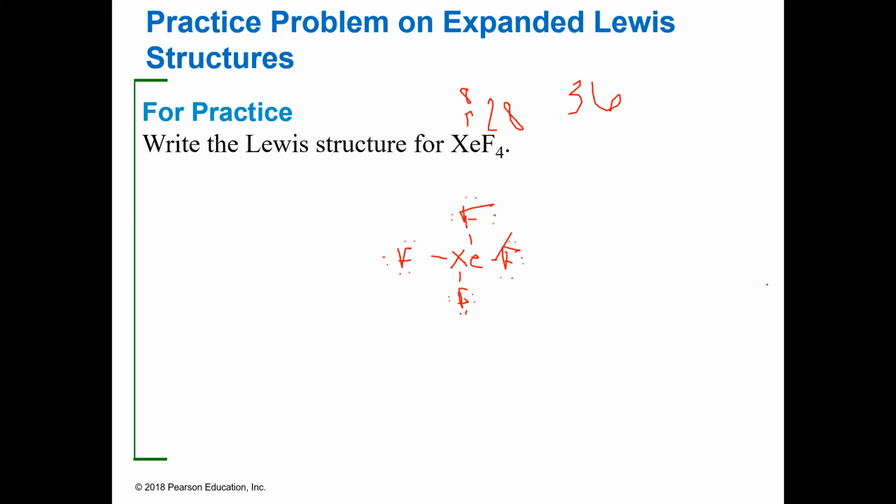I have used 8 around each of them, and 8 times 4 is 32. So how many do I have left? I have 4 valence electrons left. My xenon has 8 around it, but I can put those other 4 on the xenon, in pairs. So now the xenon has 2, 4, 6, 8, 10, 12 around it, and that is okay. It can do it because it's in period 3 or higher, and it can have the expanded octet.